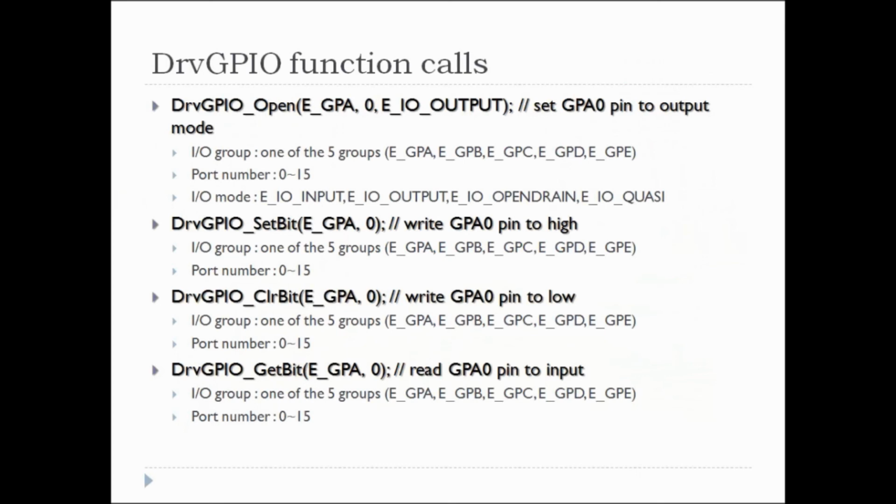Once you configure the IO type as input, then to read the value we have to use the function called DrvGPIO_GetBit. This function is to read the GPIO pin input. It has two arguments: the IO group and the port number 0 to 15.